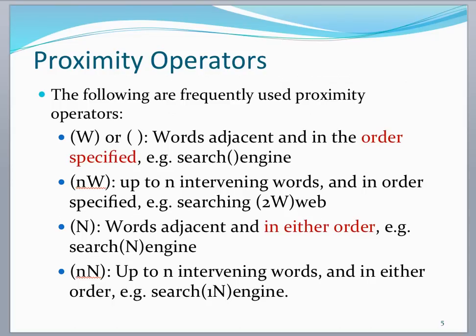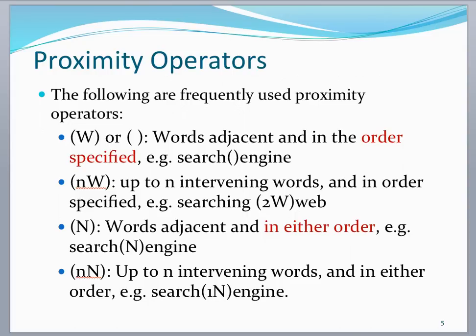Here we have an example using the proximity operators, and this is when you use proximity operators, you're going to look for words that are adjacent to the term that you are looking for.